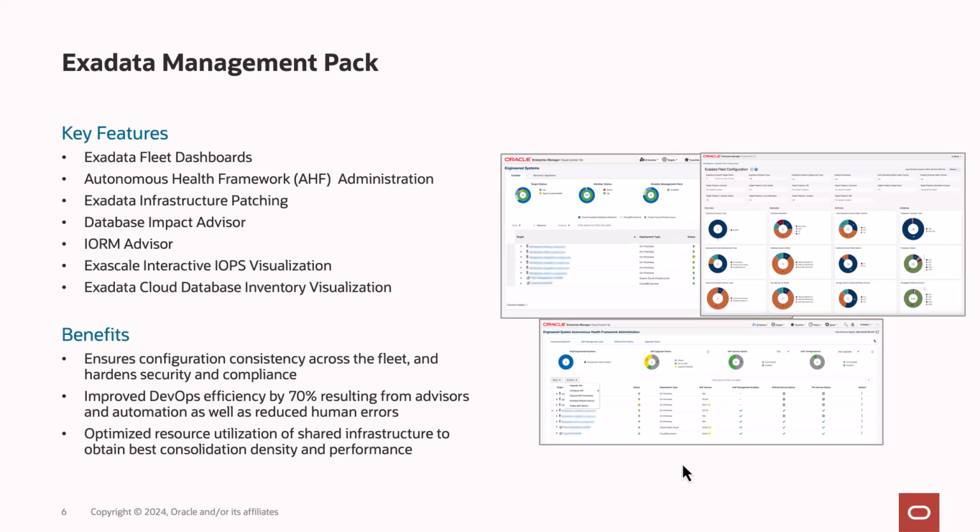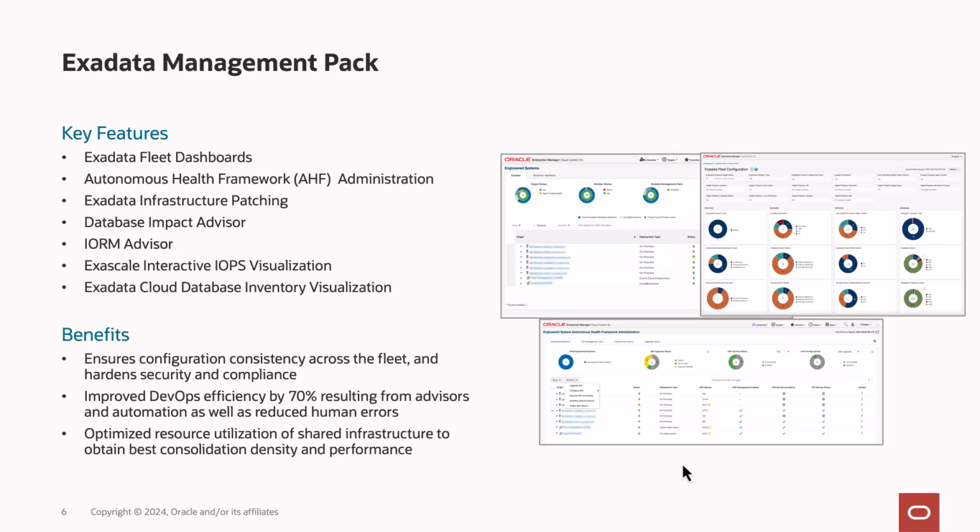Other features are Exadata Infrastructure Patching, Database Impact Advisor, and IORM Advisor. For customers adopting Exascale, there are new features with interactive IOPS visualization. And for cloud customers, there is a new Exadata Cloud Database Inventory visualization.